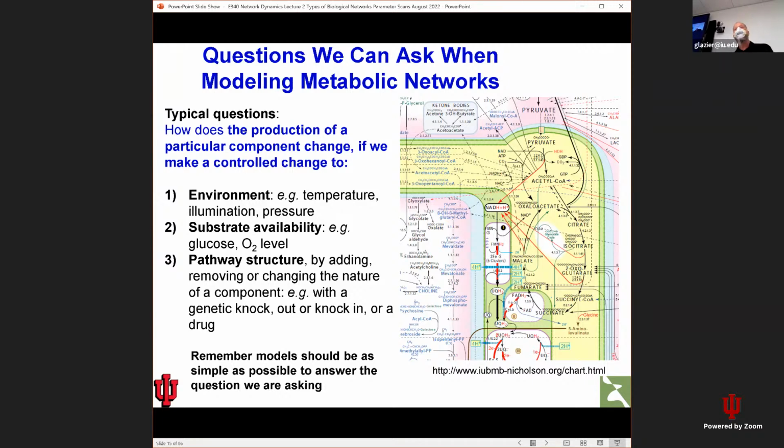That may sound very abstract, but if you ask the question, if I increase the amount of cholesterol in my diet, what happens to my blood vessels? That's fundamentally a metabolic question. And the fact that there is no simple answer to that illustrates one of the complexities of dealing with these problems.